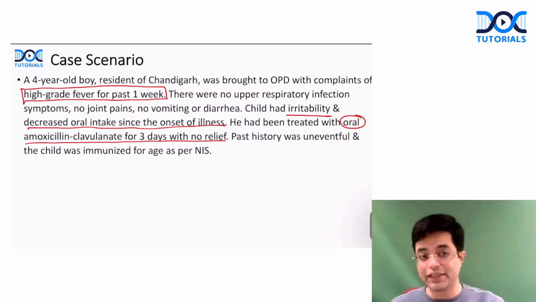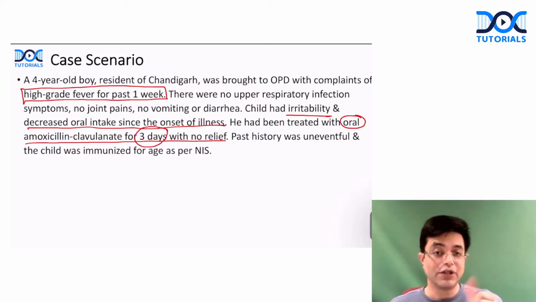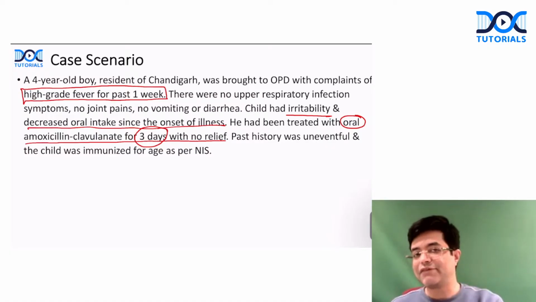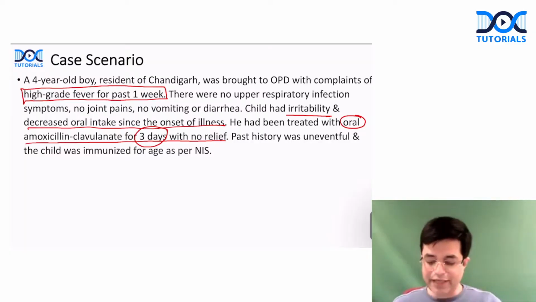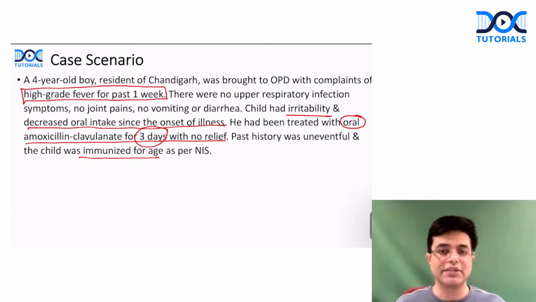So he has already taken antibiotic for 3 days without any relief. This is the second clue. So child has high grade fever for 1 week. 4-year-old is the age, less than 5 year, and amoxiclav, that is beta lactam antibiotic, has been given for 3 days with no relief. Past history is uneventful, and child is immunized for age as per national immunization schedule.